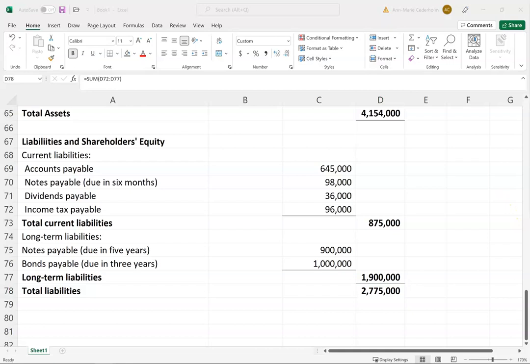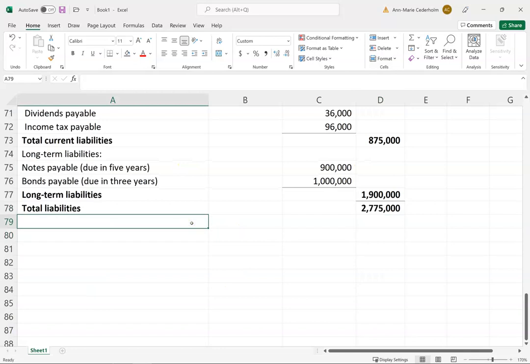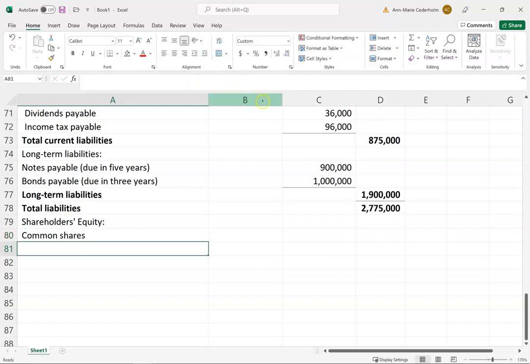Okay, now I just have to prepare the shareholders' equity section. This is pretty straightforward. So I have my common shares. If you had preferred shares as well on the trial balance, you would put it there. Then we would do our retained earnings.